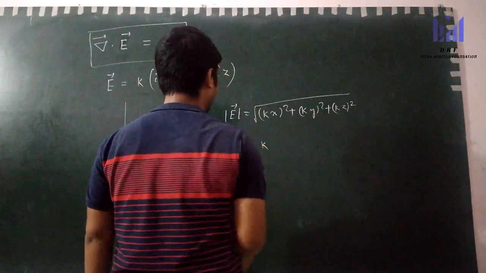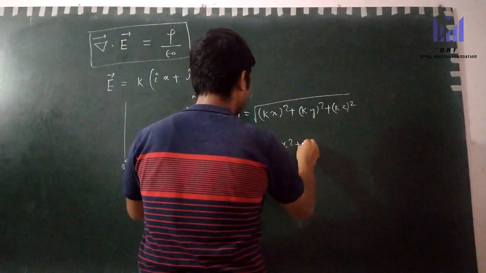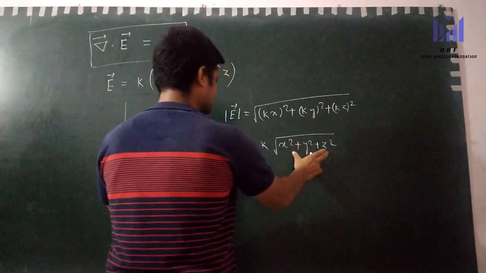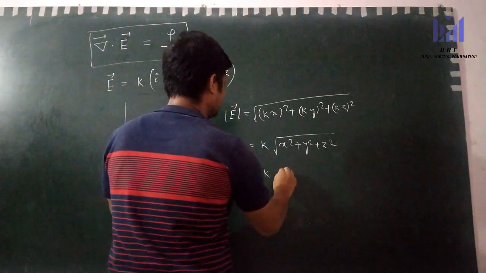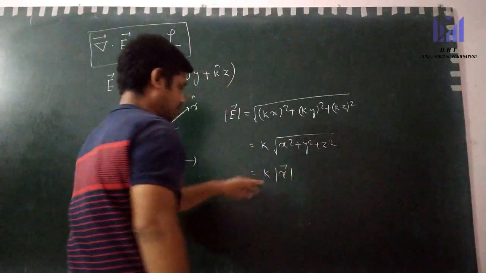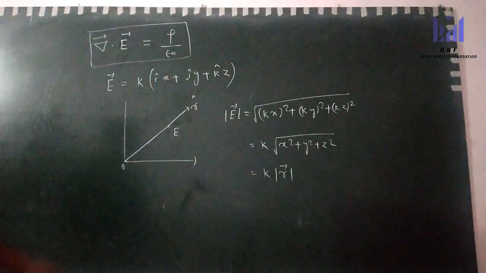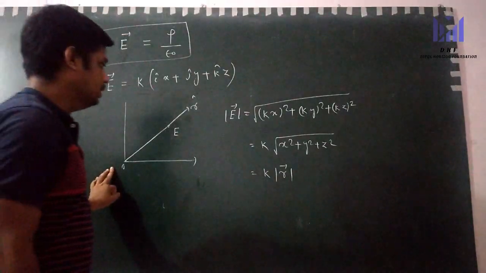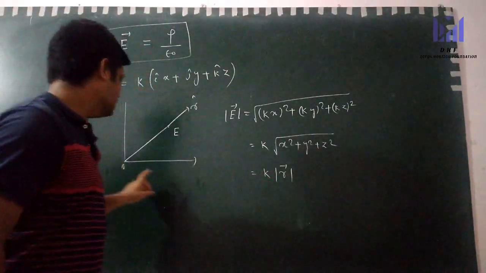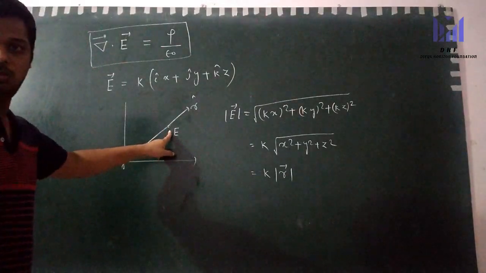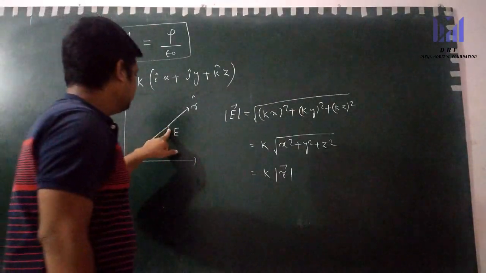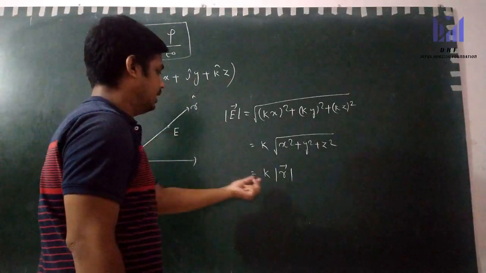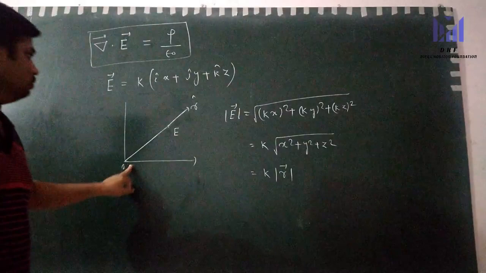Taking k outside, that will be equal to k times square root of x squared plus y squared plus z squared, and this is the magnitude of the position vector r. This means at this point the magnitude of electric field is k times the distance from the origin to this point. I repeat, the magnitude of electric field at this point is k times the distance from the origin to this point.